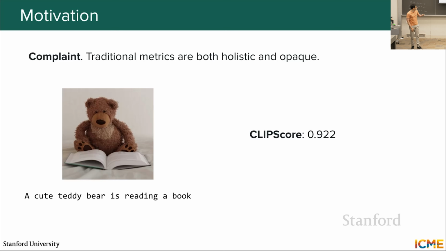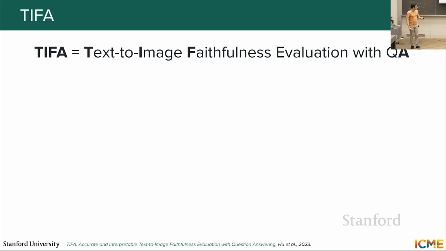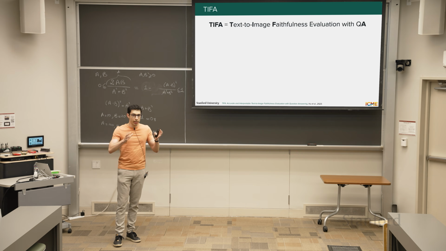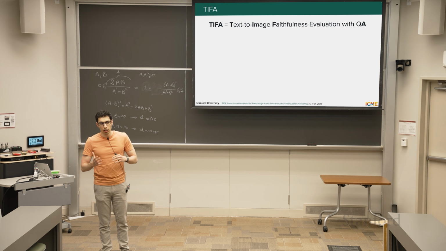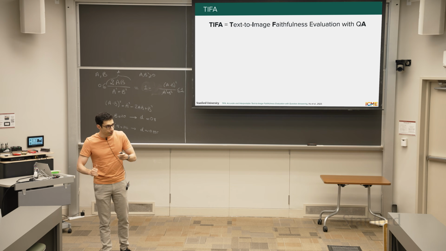Let's say you have a prompt that gave a given image, and you have a certain CLIPScore. Now, what do you do with it? So this is something that you could fix by taking the prompt and trying to reason about what properties in the generated image could make it such that the image would match the prompt.